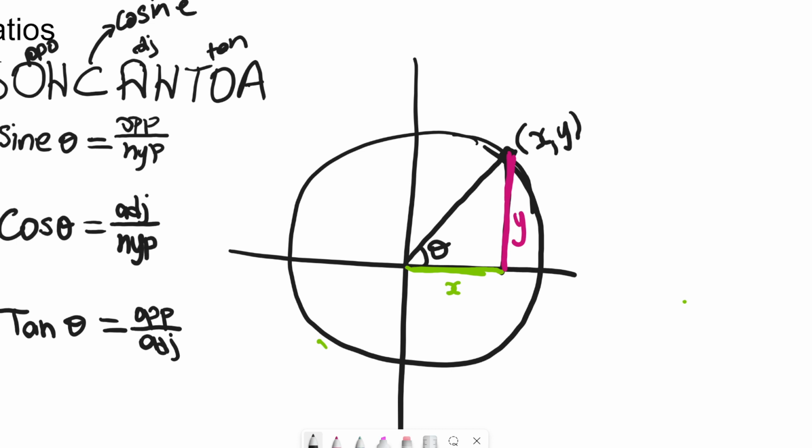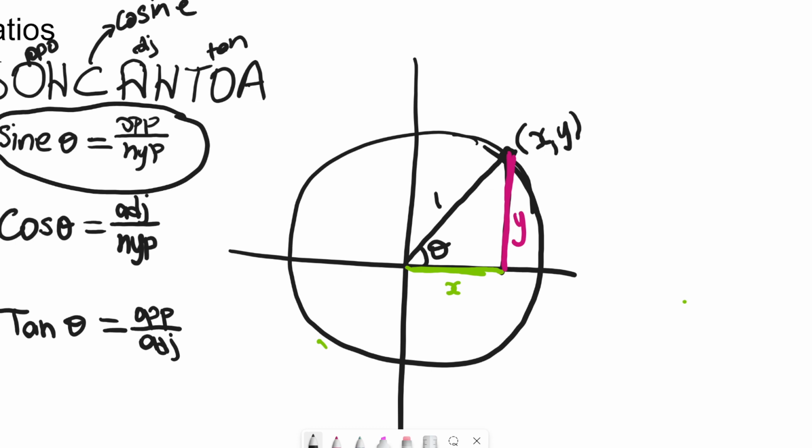Now, recall that my hypotenuse in my unit circle, unit meaning a radius of 1. We just looked at our ratios in terms of sine, cosine, and those types of things.